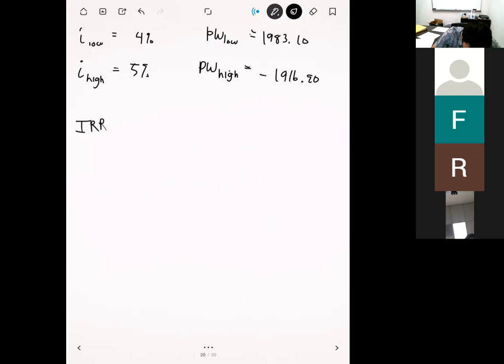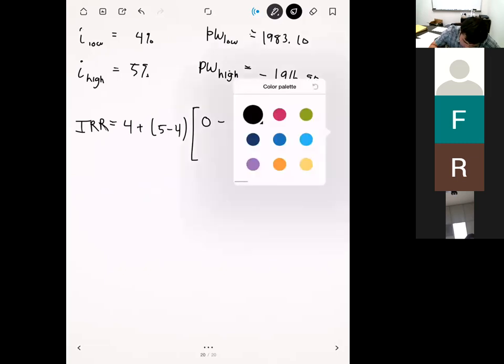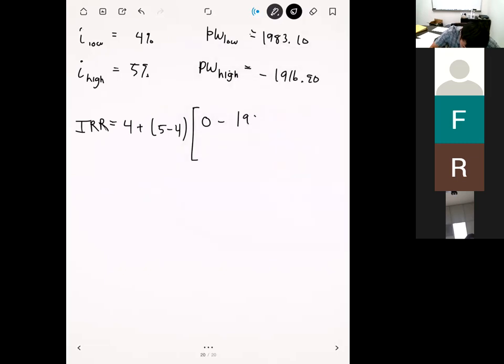So let's go ahead and interpolate. IRR here is going to be 4 plus 5 minus 4, so that's i low, i high, minus i low. Then we're going to multiply by PW low, which here is 1983.10.